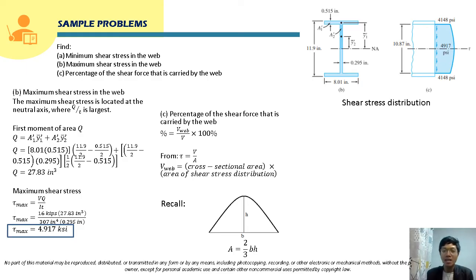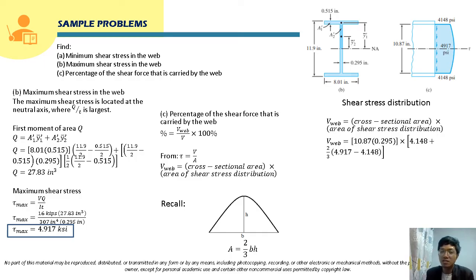Okay, so let's solve, class. The shear force carried by the web is just equal to the cross-sectional area of the web times the area of the shear stress distribution.